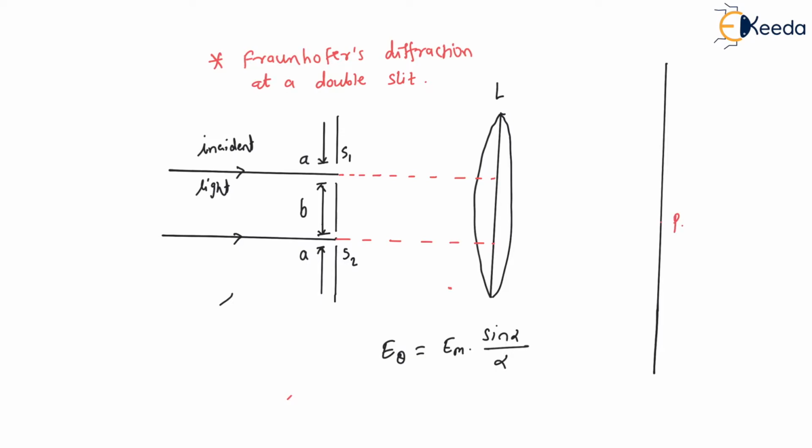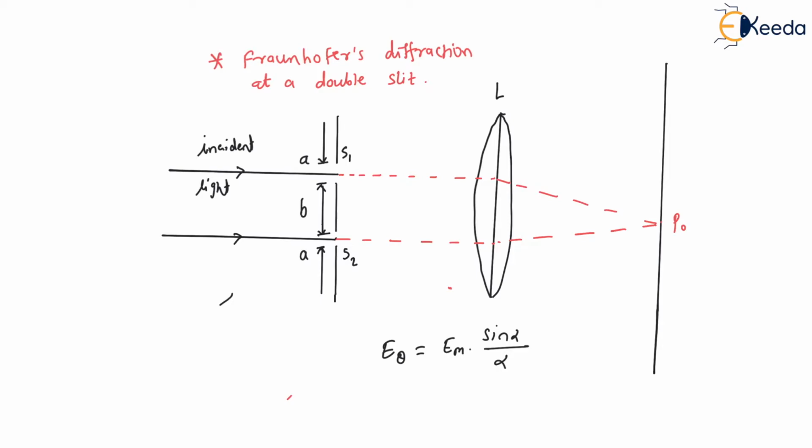So first of all, this will be P naught. Now see, this is a central maxima point. It has a phase difference or path difference which is equal to 0. Now we will draw another set of light waves which are diffracted at an angle theta.